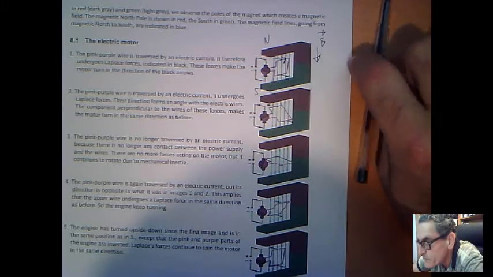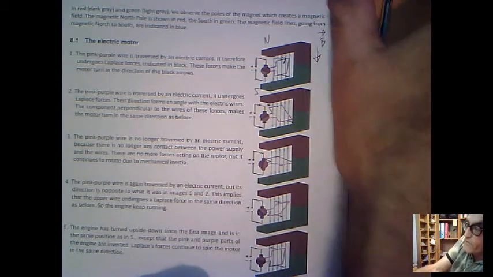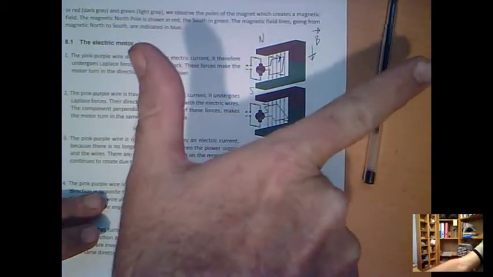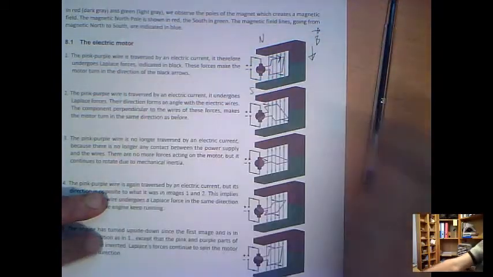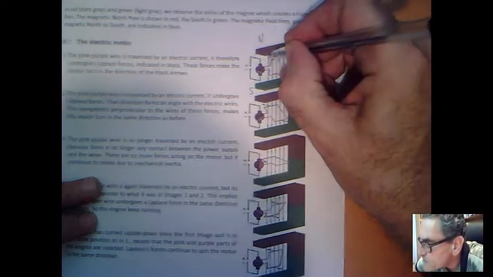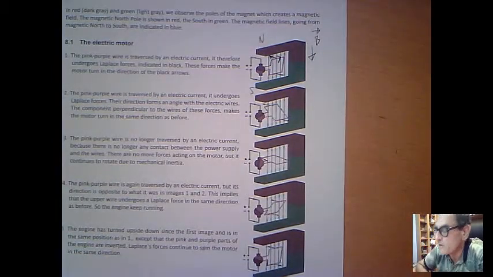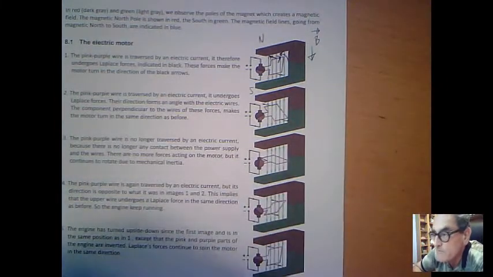Good. We have a current to the right and a magnetic field going down. I put my hand like this, with my middle finger pointing down. So the force is going this way. Indeed, the force is noted here by the small arrow. So this is going to make your motor turn this way.